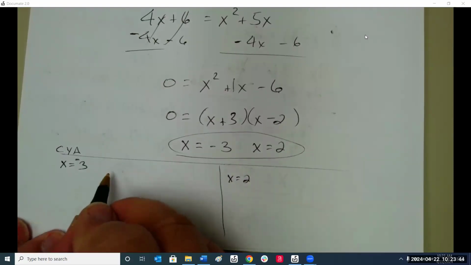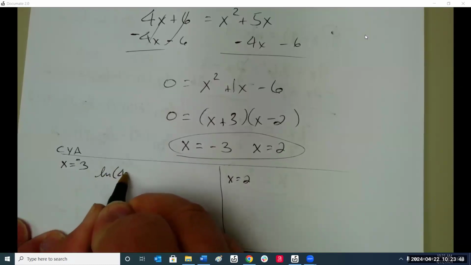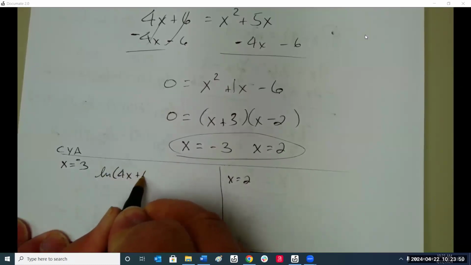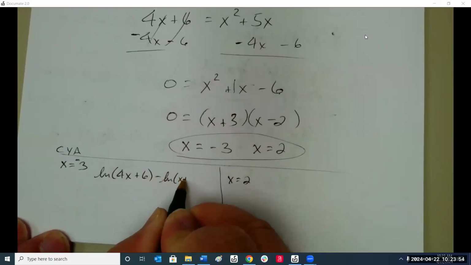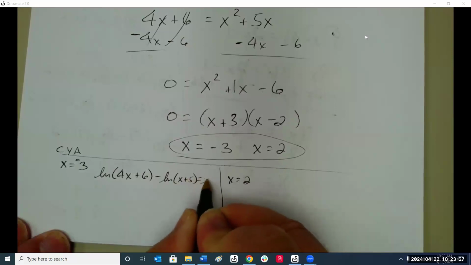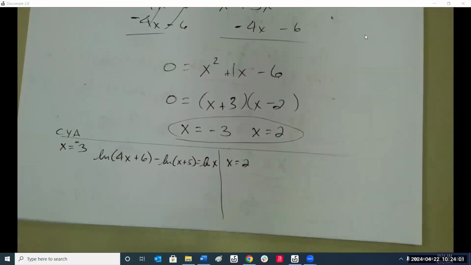And you have to always check them on the original equation. So can we look at one and see it doesn't work already?